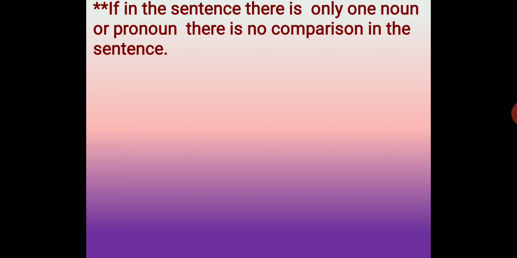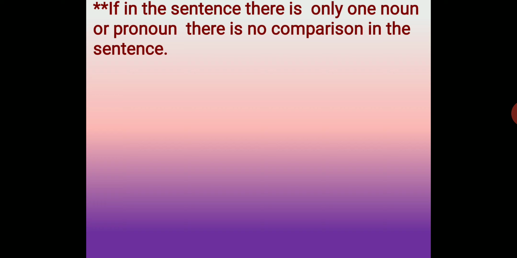First, we are going to learn about the positive degree. If in the sentence there is only one noun or pronoun, there is no comparison in the sentence. As we learnt in the introduction, if there is one noun or pronoun, the comparison cannot be possible.